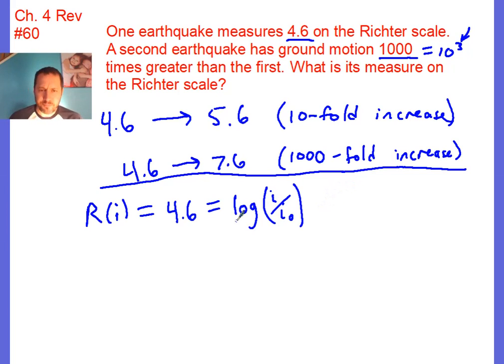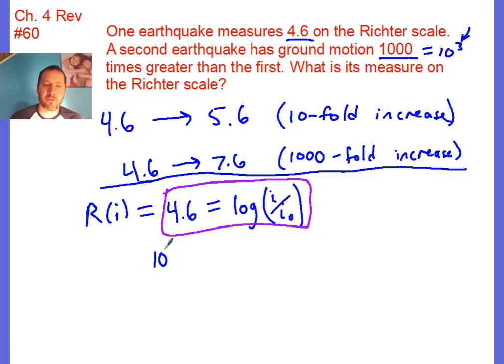And if you take that equation that I just wrote, that 4.6 equals log base 10 of I over I naught, you can actually exponentiate with base 10. And so you get 10 to the 4.6 power equals I over I sub 0, I naught.